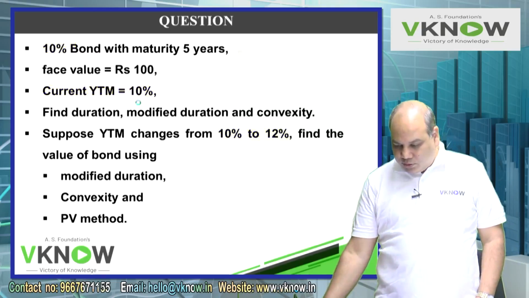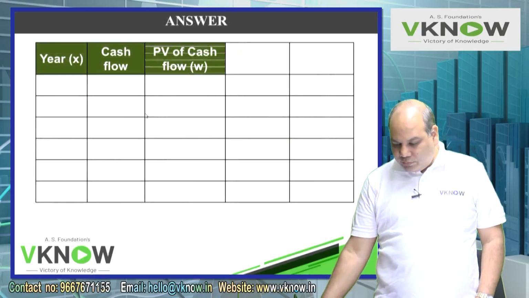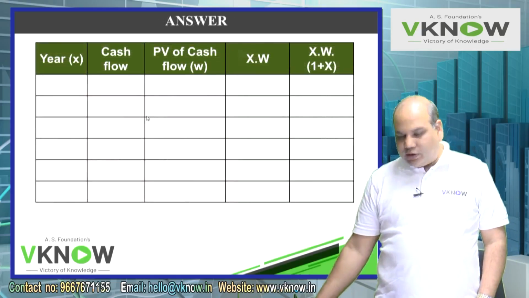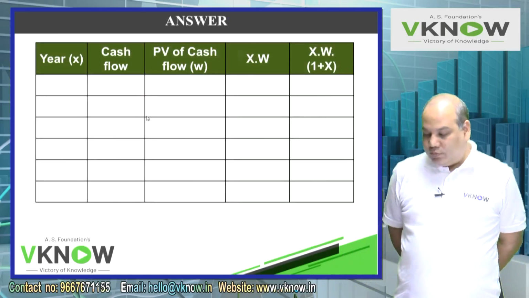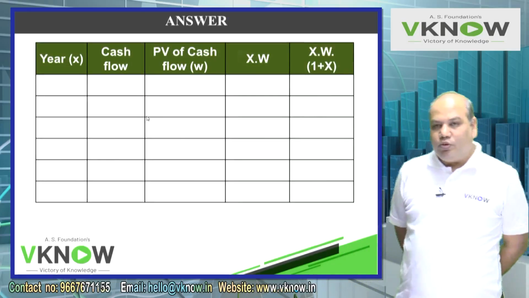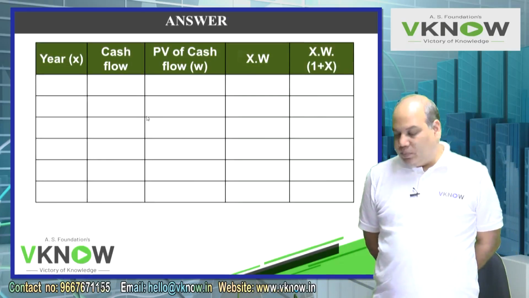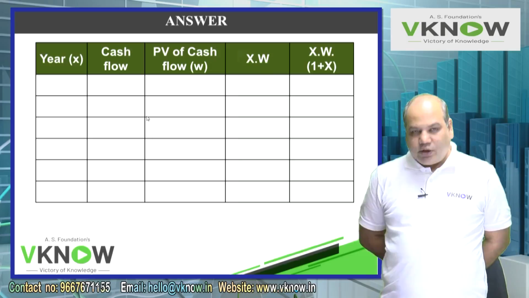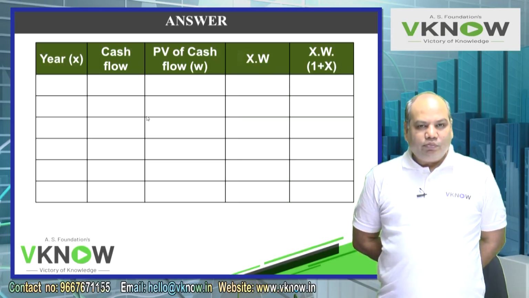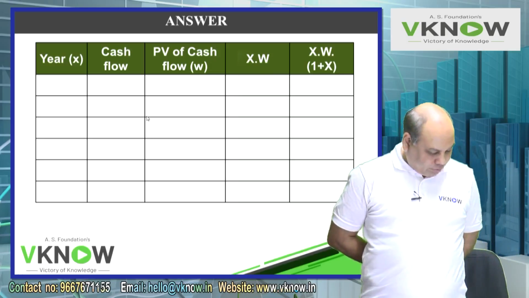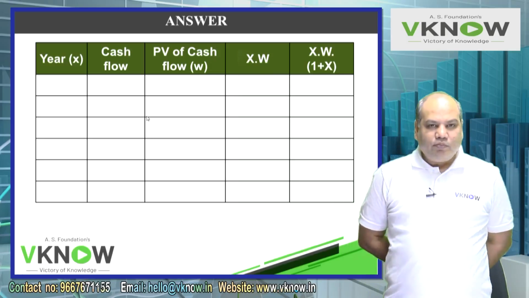So in this problem I have to calculate convexity also. So we have to add one more column today, x into w into 1 plus x. Write down the question on convexity in your notebook, page number 38 of this chapter.